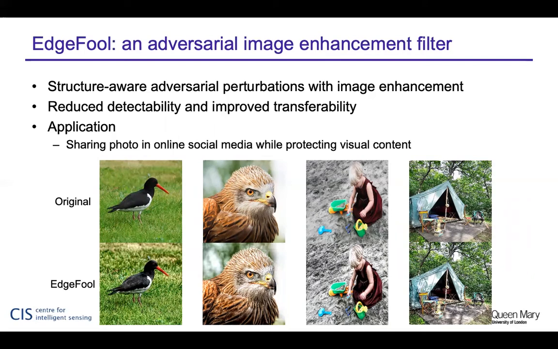The proposed image enhancement filter, which we call edgeful, can be used to protect the visual content of your shared photo on social media, such as Instagram, from undesirable and automatic inference of the classifiers that are located in their platform.